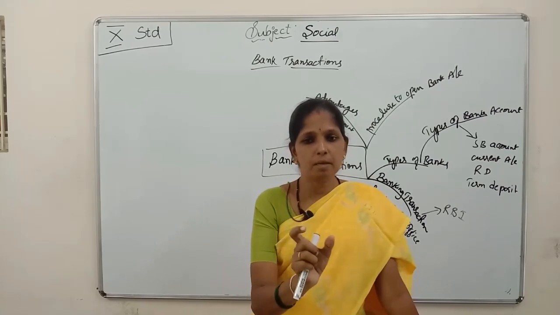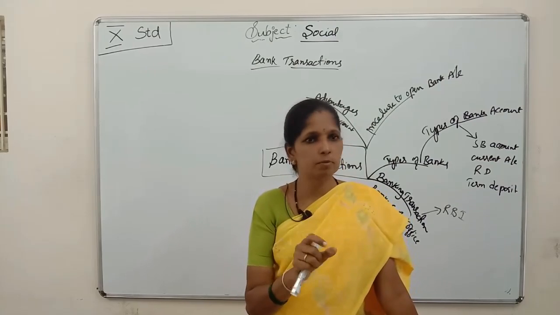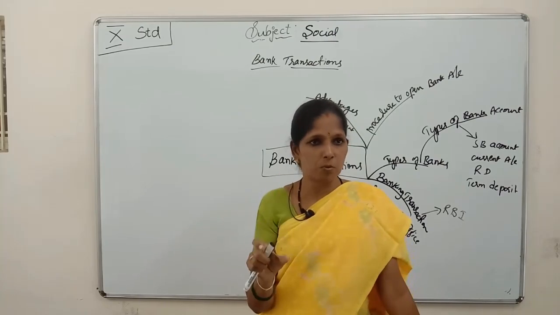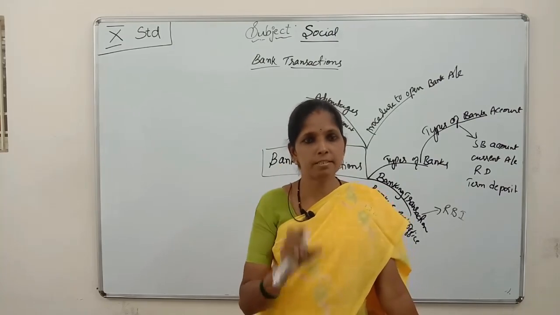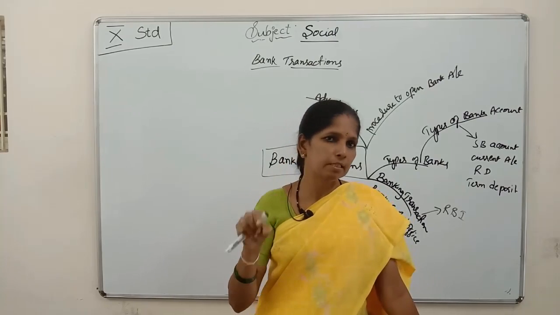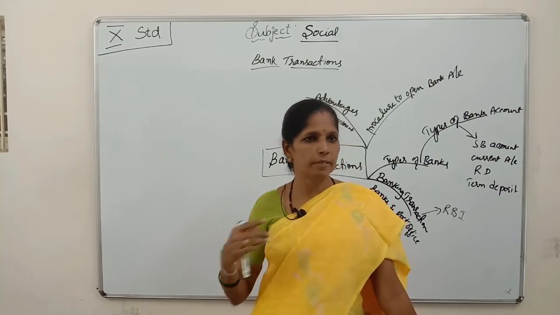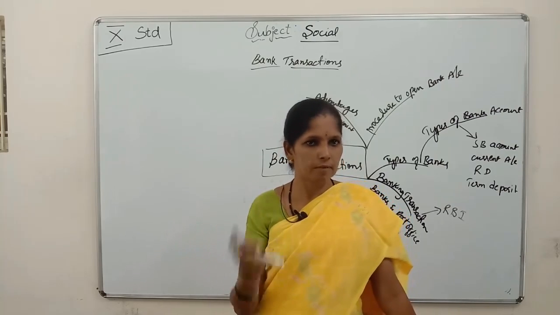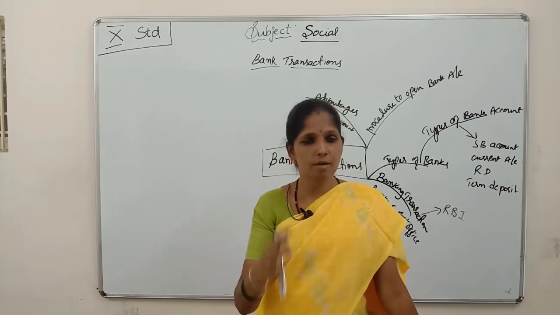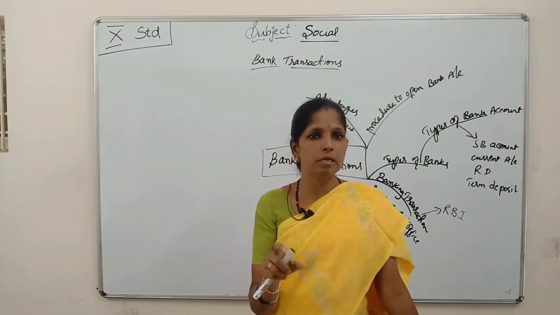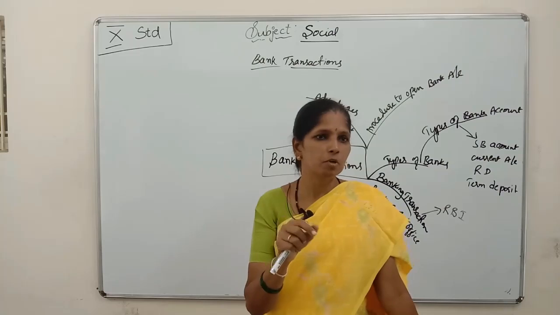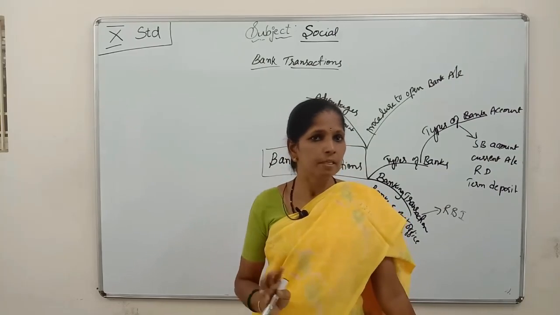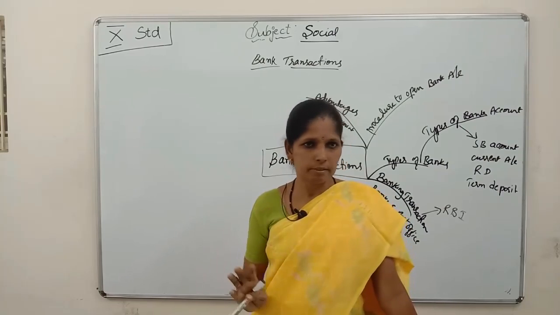It will be a limit for his investment. That person will keep some amount in the form of an RD. Once it is deposited monthly, that amount will not be taken back. It will be kept for 3 years, 5 years, like that. Only after completion will your amount be given back, and it will not be provided in the middle of your term.